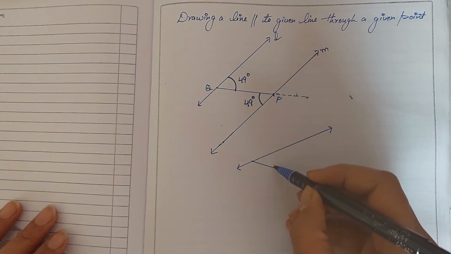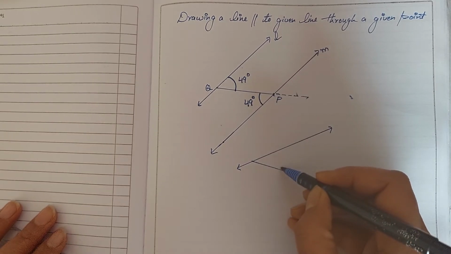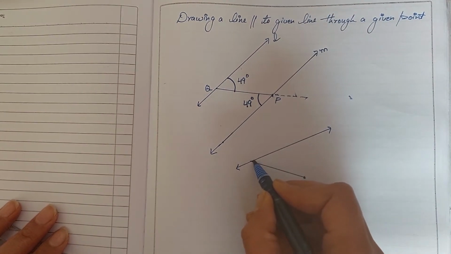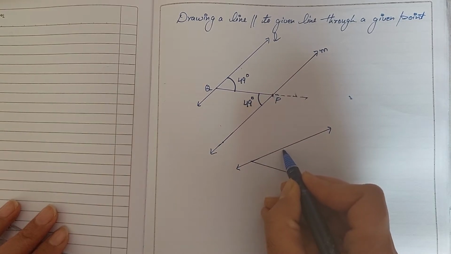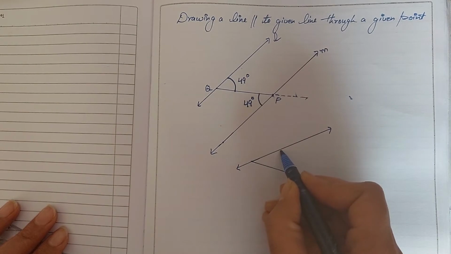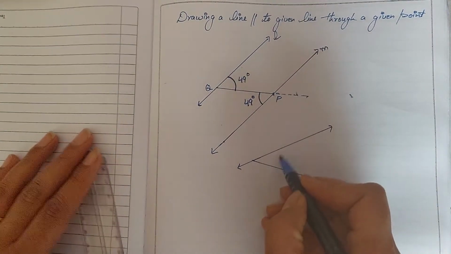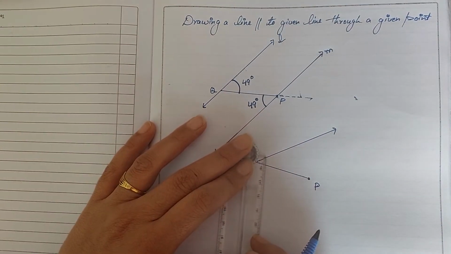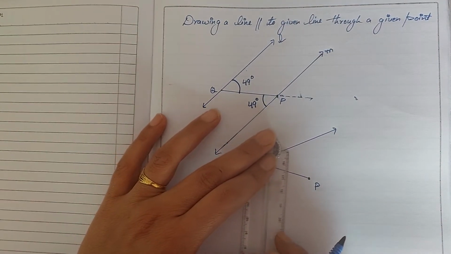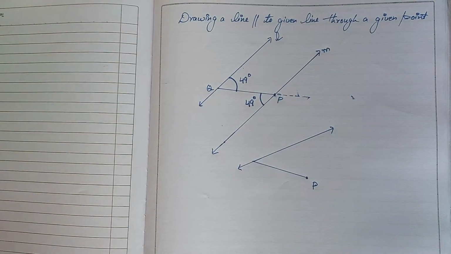We just have to see that an angle is the amount of revolution that one arm makes with the other. Means we say the two arms were here only, then the other started moving and came here. So how much did it move? What is the distance? Can we measure the distance with the scale? But you know the distance between the two lines will keep on increasing as we go ahead. So what can we do here?